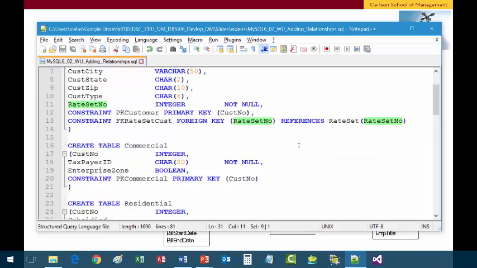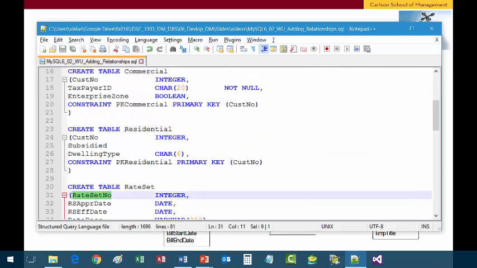water utility database. Next, we're going to handle the commercial and residential child or subtype tables of the customer or supertype or parent table relatively briefly. We've already mentioned on the slide a few minutes ago that the customer number is both a primary and a foreign key.